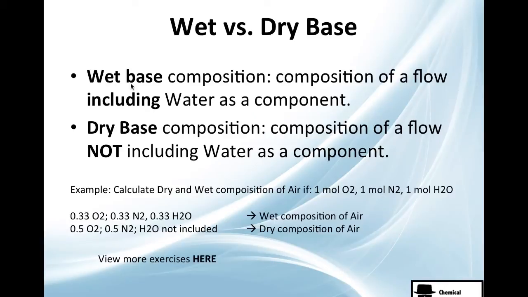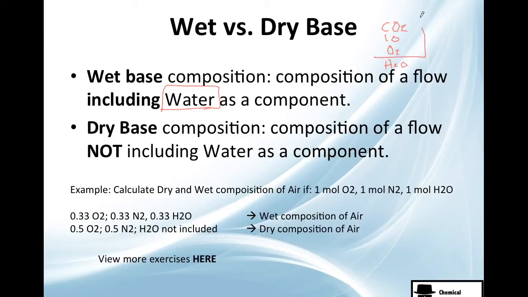And when we talk about compositions, we will be talking about wet and dry base. What does this mean? It's simply a composition. When we say wet base, it is a composition of a flow including water. So if we have water vapor or water as liquid or whatever, a humidity, and we account for it, for example, we have CO2 and we have CO and O2, now we have, let's see, water.